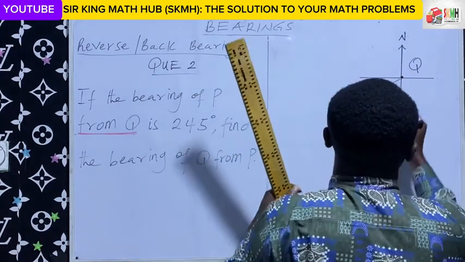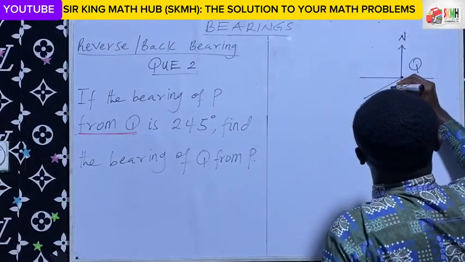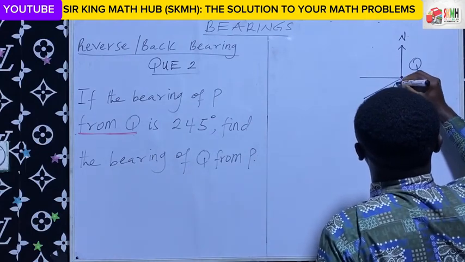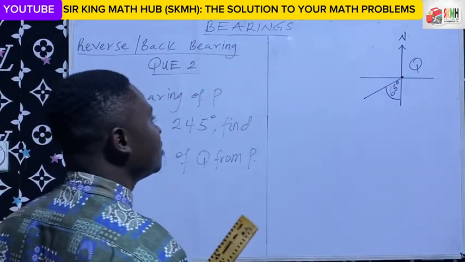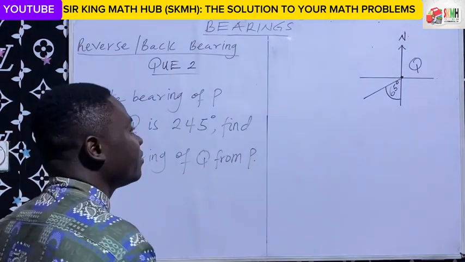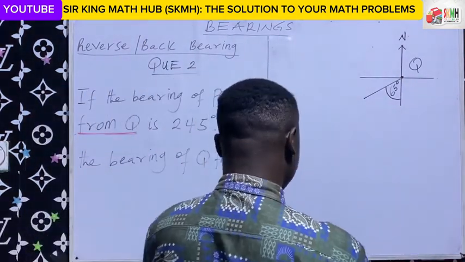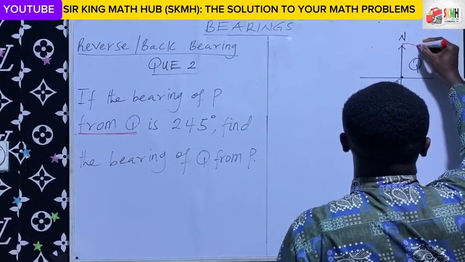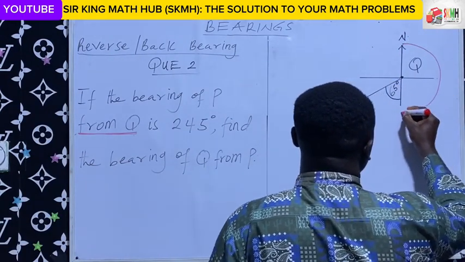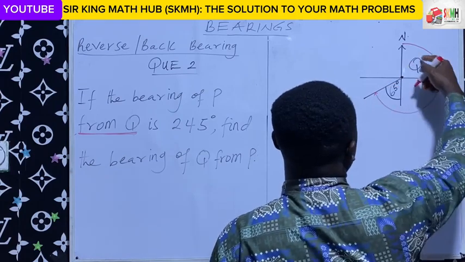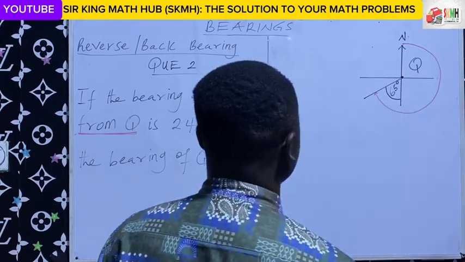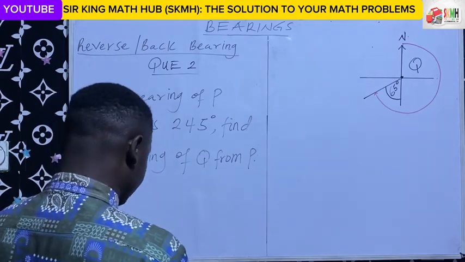So meaning that this angle here measures 65 degrees. From the geographical north, moving in the clockwise direction till we meet this line here, that should give us 245 degrees.